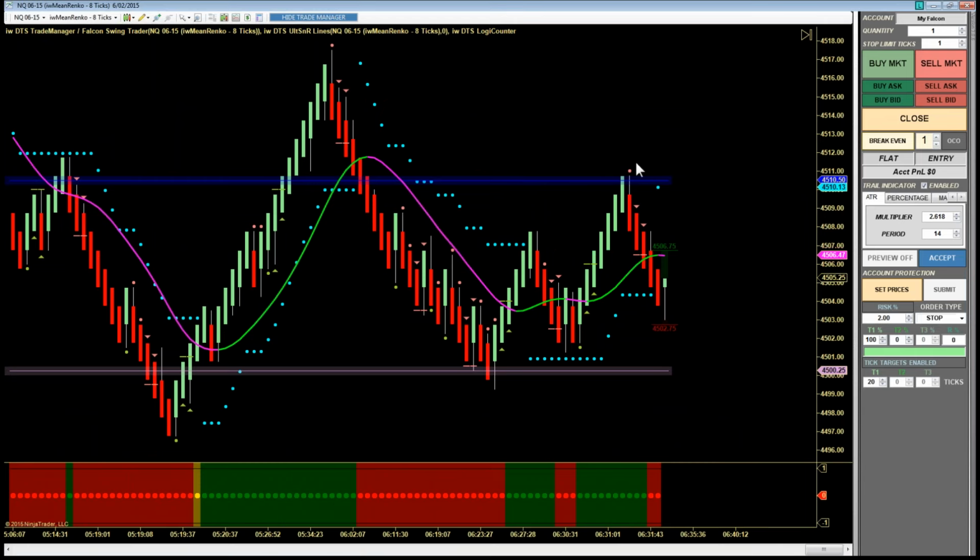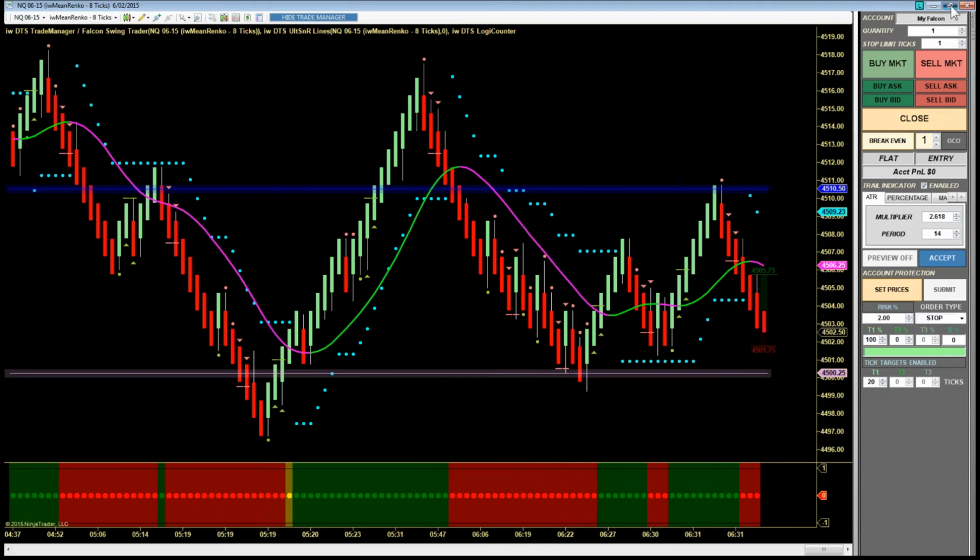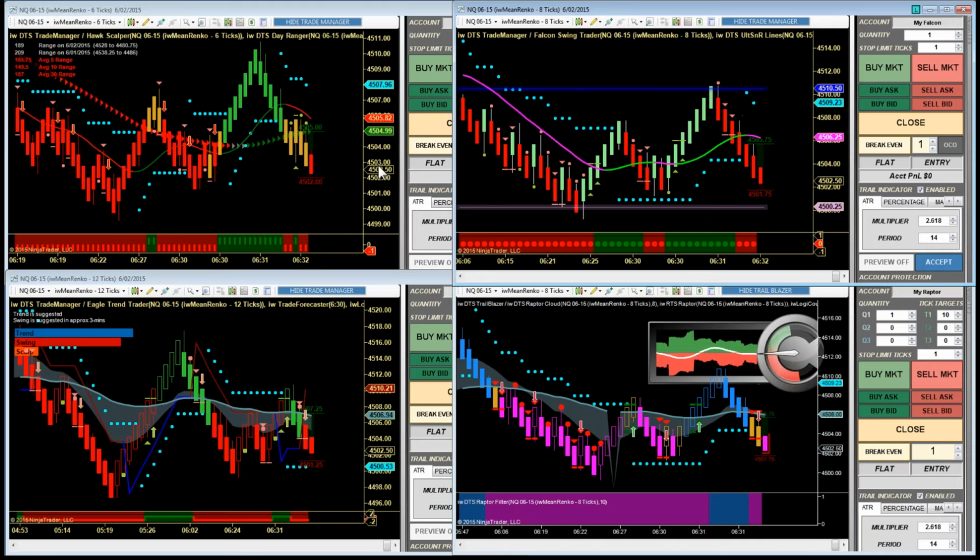This is going to look like a pretty substantial opening gap, though, to the market, off of the open. So we'll see. We'll just let it sort itself out.